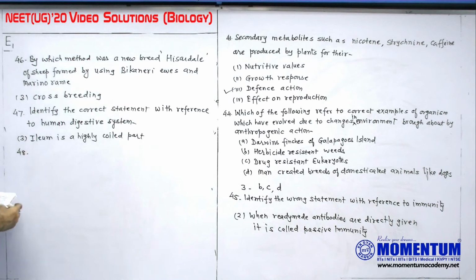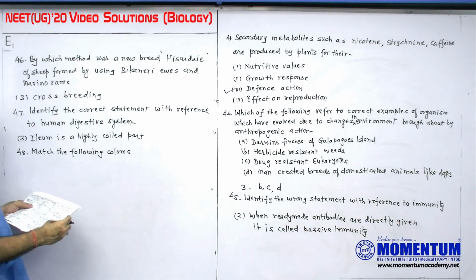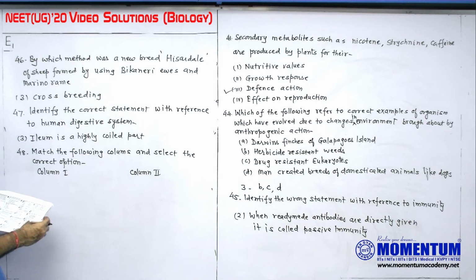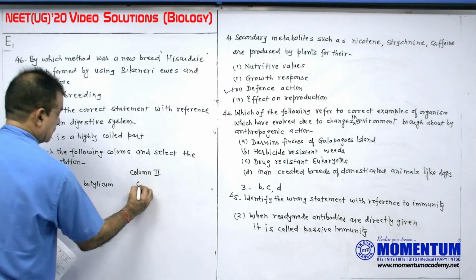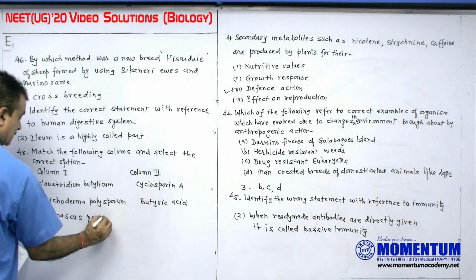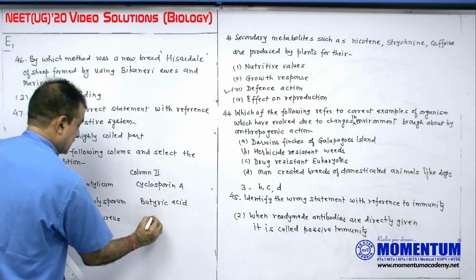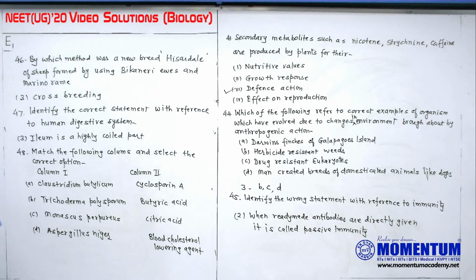Then 48: match the following columns and select the correct option. Column 1 and column 2. Clostridium butylicum, Cyclosporin A, Trichoderma polysporum, butyric acid, Monascus purpureus, citric acid, and Aspergillus niger, blood cholesterol lowering agent.